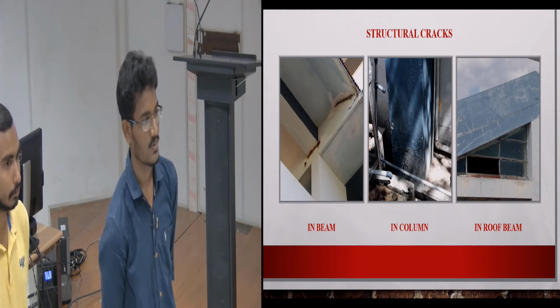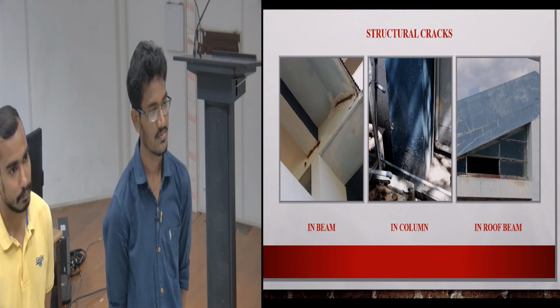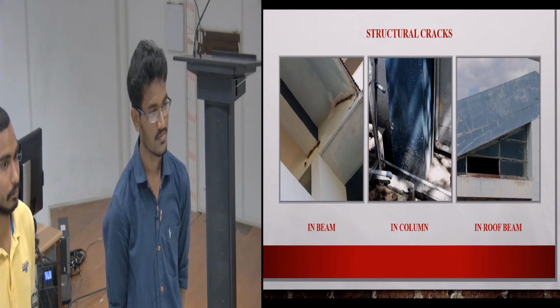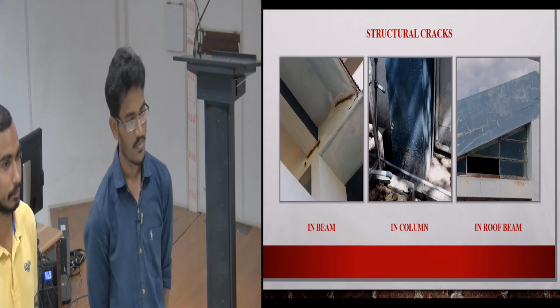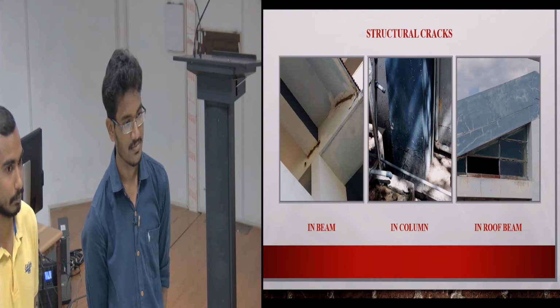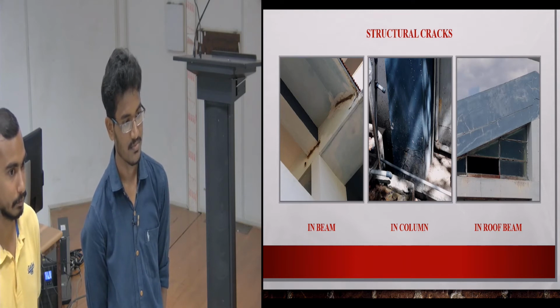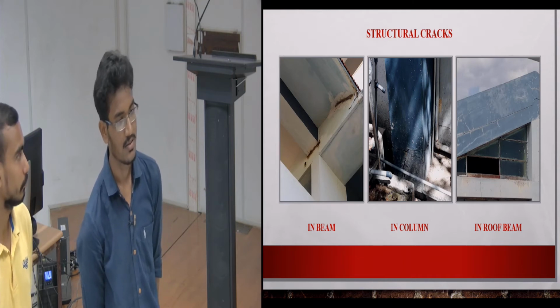So the problem with this building is that many rebars are corroded, and you have a lot of water damage to the structure. Those problems can be fixed. It's not structural. Okay sir.